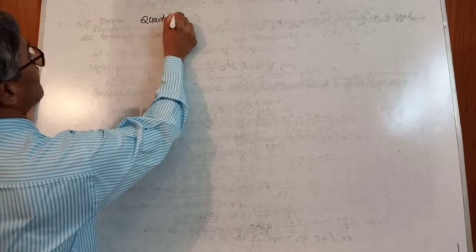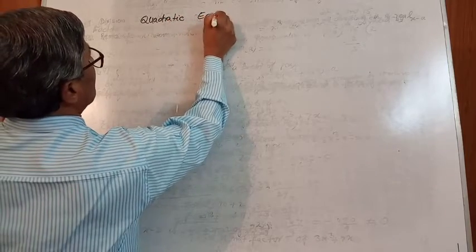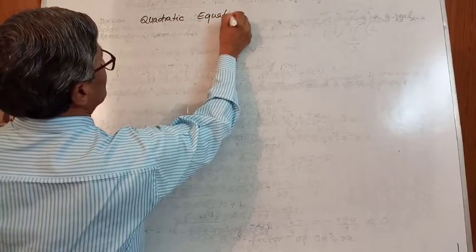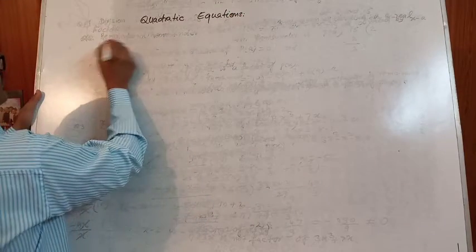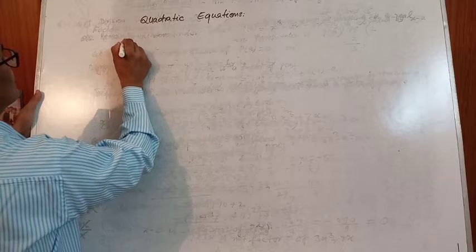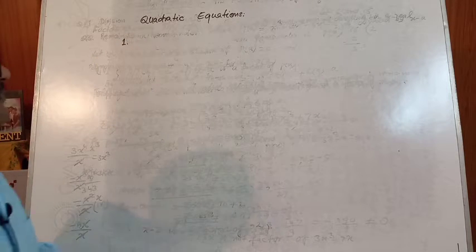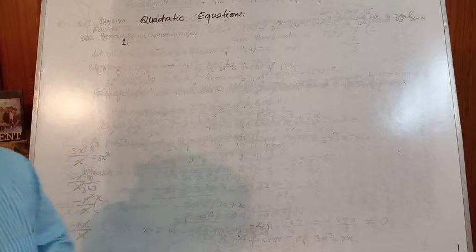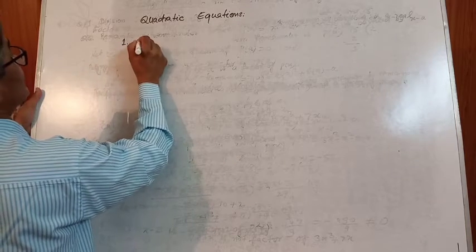Quadratic equations, method of solving. There are mainly two methods, in which one method is split into two forms. First is the factorization method.